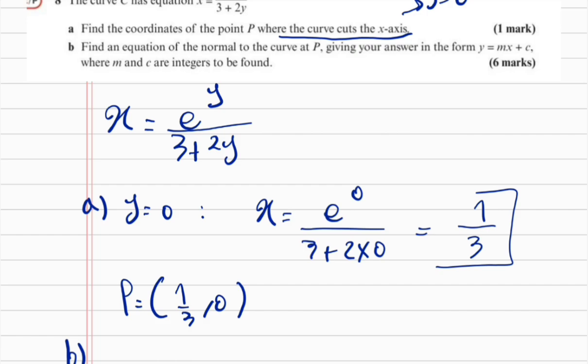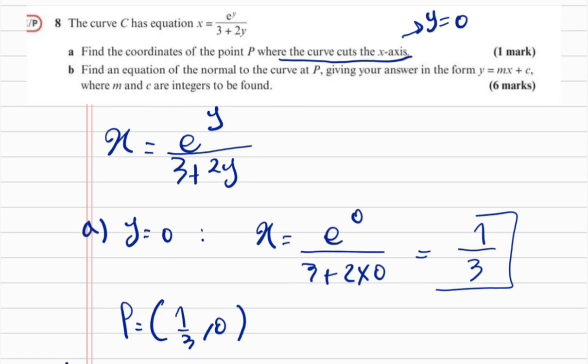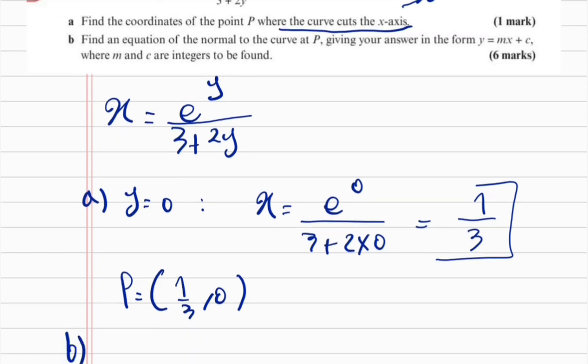In part B, we need to find the equation of the normal to the curve at point P, and then give your answer in that form. You know what to do because you have seen questions like this in Pure 1. You need to differentiate the function, find a gradient, then find the gradient of the normal, and then use the general form of the equation of a straight line to find the equation of the normal.